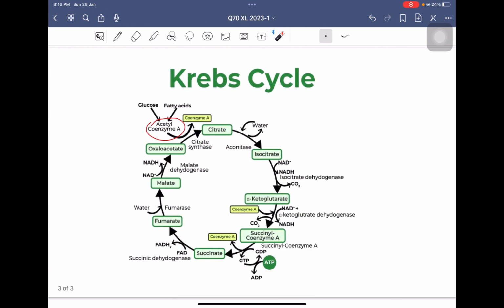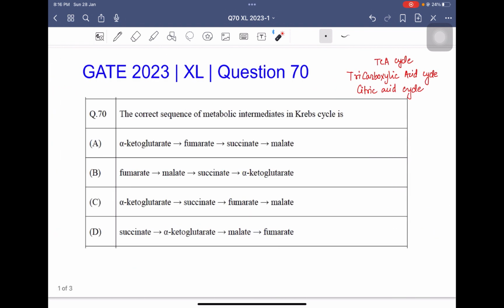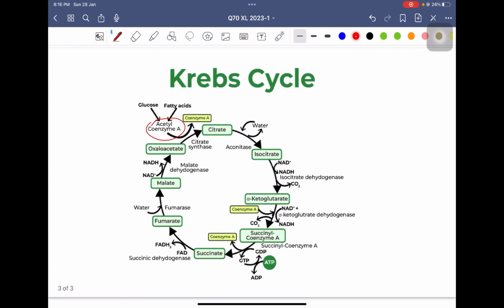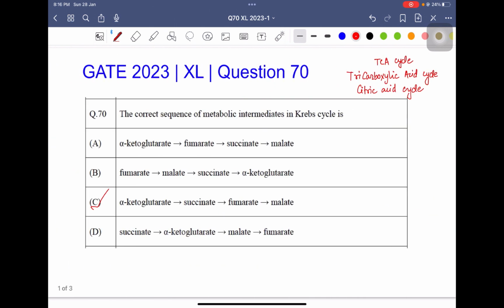So the correct order will be alpha ketoglutarate to succinate to fumarate to malate. So our correct option will be option C. Let's check it again once: alpha ketoglutarate to succinate to fumarate to malate. Alright, so that is our correct option, and that is why our correct answer is option C.